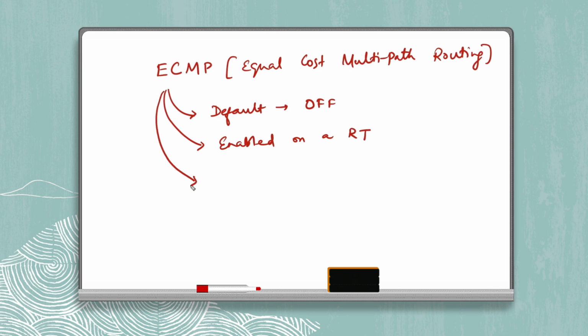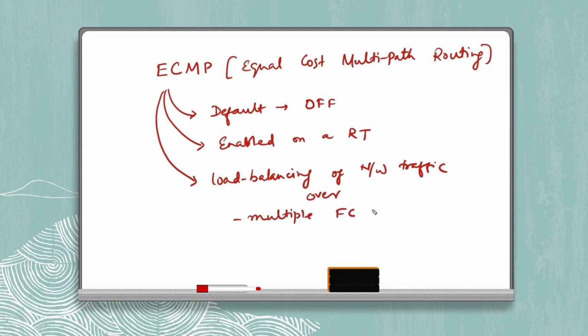What ECMP does is facilitate load balancing of network traffic over multiple FastConnect virtual circuits or multiple IPsec tunnels using border gateway protocol. All right, so this is your equal cost multipath routing.